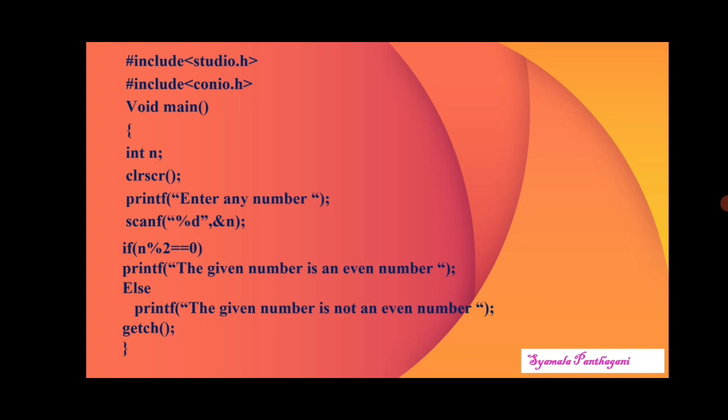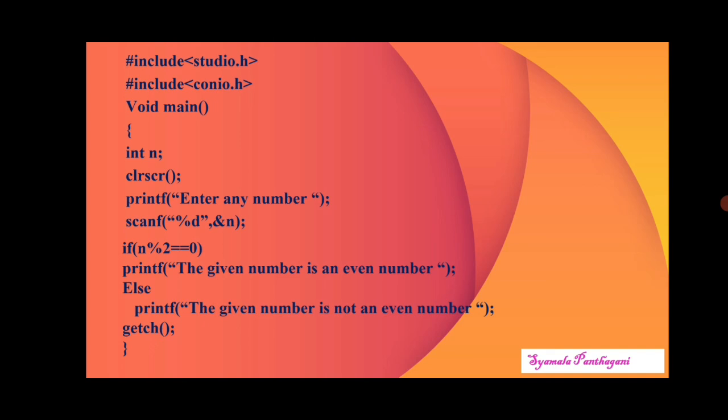Printf, Enter any number. The printf function just displays the message included between double quotations. Scanf, %d, ampersand n. %d is the type conversion for integer type data, and ampersand n directs the compiler to store the number entered by the user.